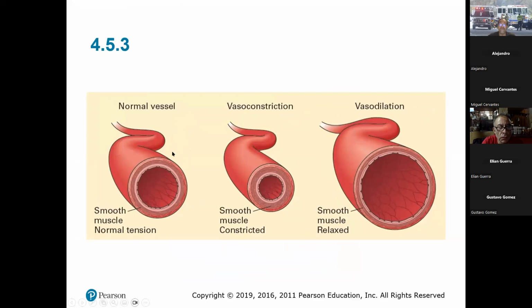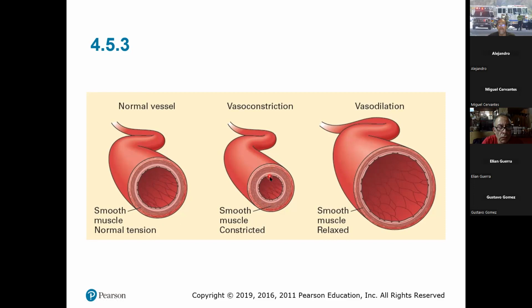Blood vessels themselves, the normal blood vessel will be about this much in diameter. Remember that there's smooth muscle right here. Then you have vasoconstriction, which causes the blood vessels to constrict, narrowing the lumen.